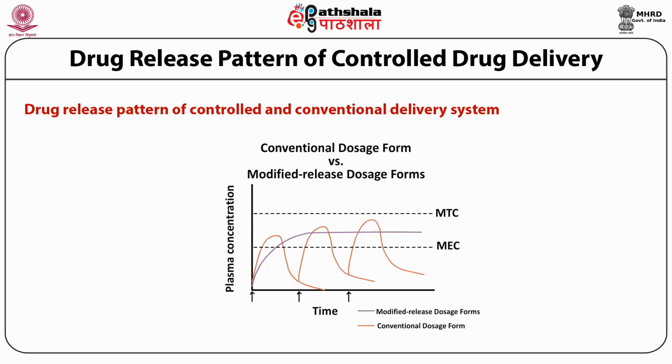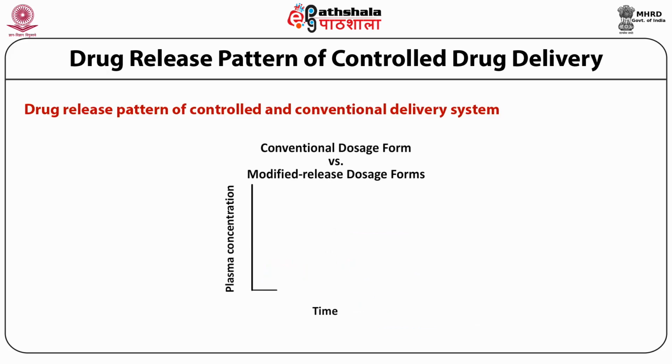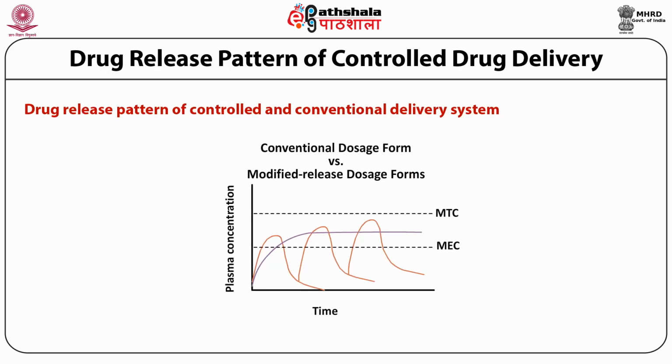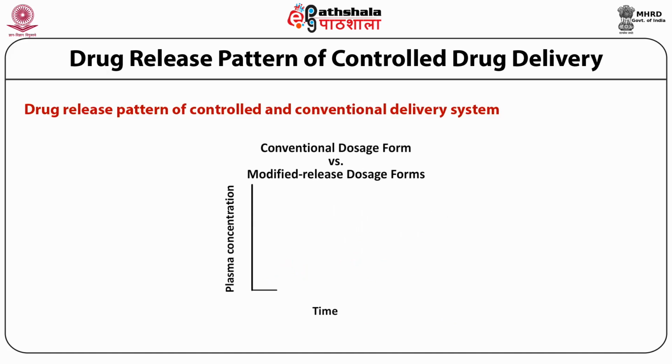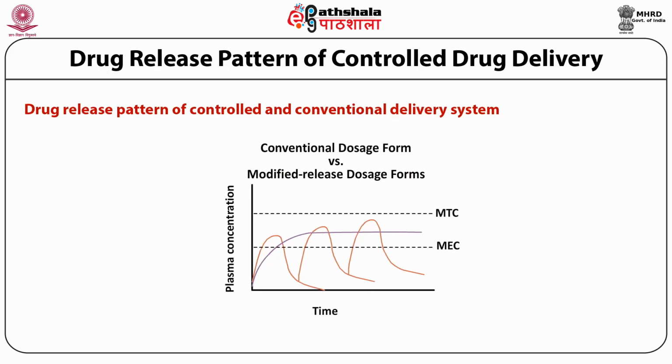The red colored graph line shows the release from the conventional dosage form, the first peak and valley, the second peak and valley, and the third peak and valley, while the blue colored line is giving the sustained or the controlled release action, sometimes referred to as the modified release dosage form, in a plateau form.